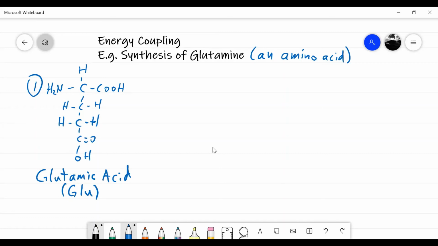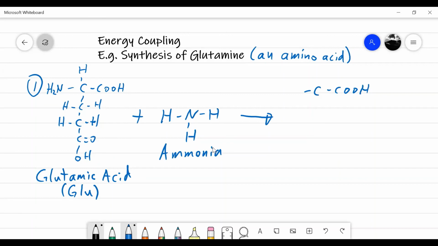Okay, so if we want to make glutamine, we are going to add this to ammonia. So ammonia is a simple compound. It looks like this. It's NH3. There we go. Okay, and there's my chemical arrow or reaction arrow. And so I apologize, I got to draw a bunch of this all over again. So here we go.